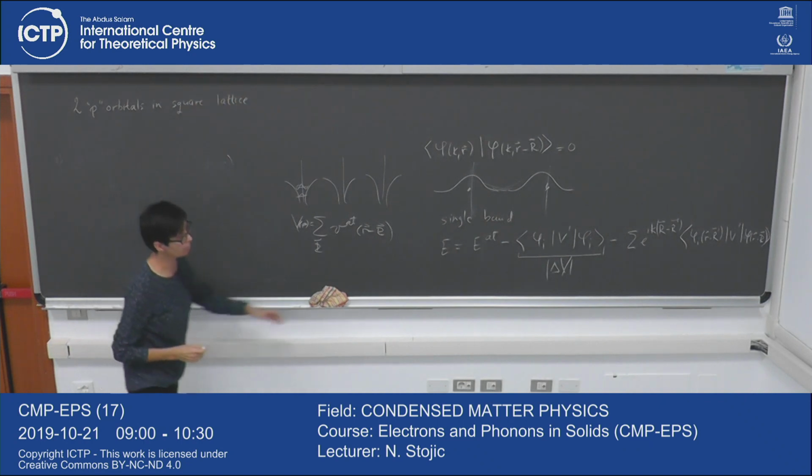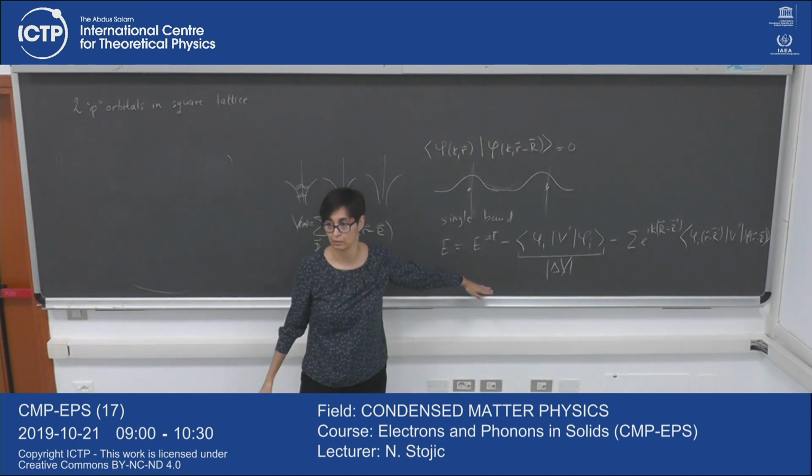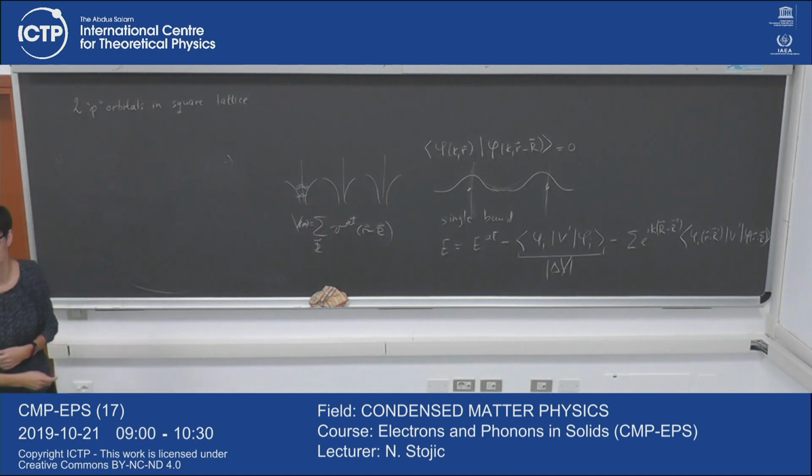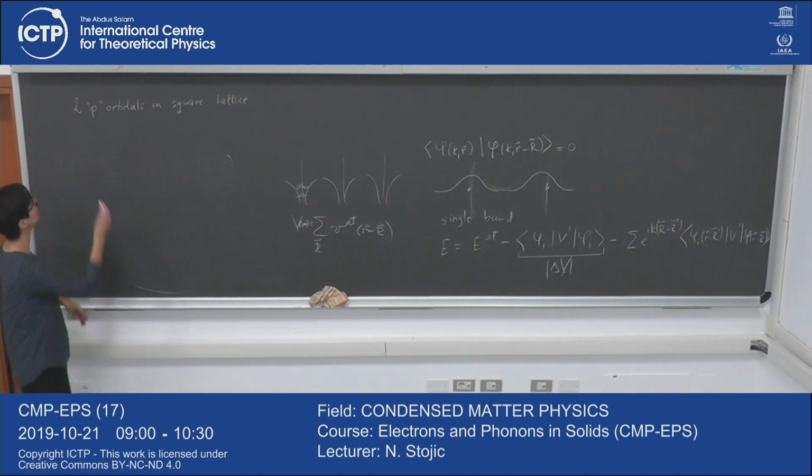I think it is an example of a single orbital, which becomes trivial after a while. You'll be saying, oh, that's too trivial. So what do you have? A square lattice and two p orbitals, px and py. We are in 2D.